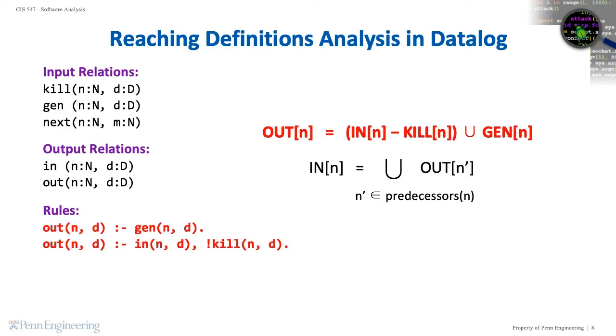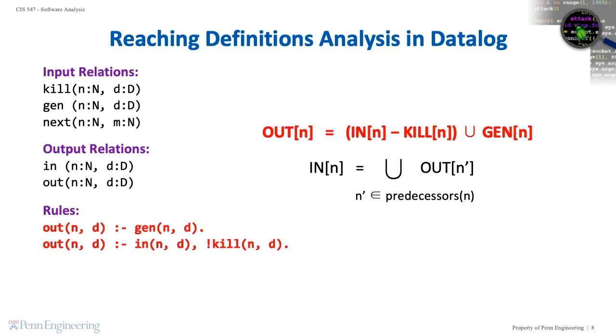Lastly, we specify three rules of inference to compute the in and out sets. These will be based on the formulas for out of n and in of n shown here on the right. The first two rules map to the first rule in the specification, which is out of n equals in of n minus kill of n, union gen of n.